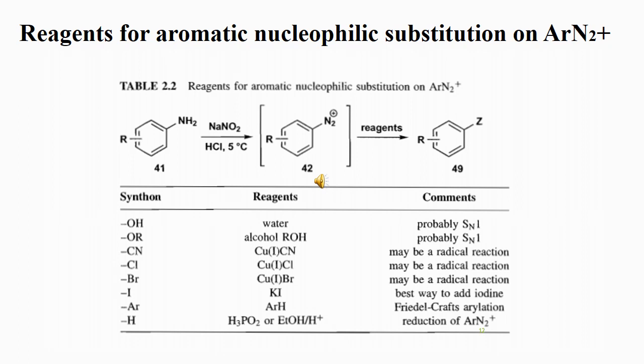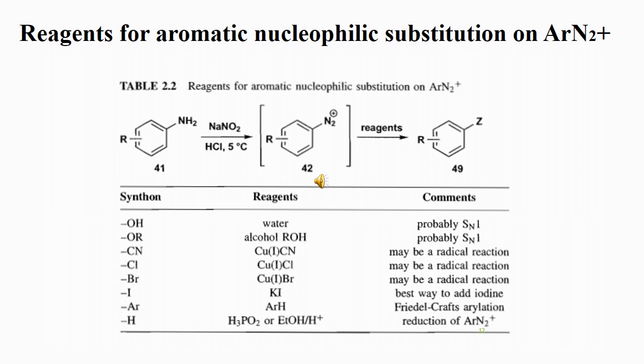In the list of synthons: OH, OR, cyano, chloro, bromo, iodo, aromatic H, simple H. The reagents for these can be water, alcohol, cuprous cyanide, cuprous chloride, cuprous bromide, potassium iodide, an aromatic compound, even benzene, and then phosphoric acid or ethanol in acidic medium.